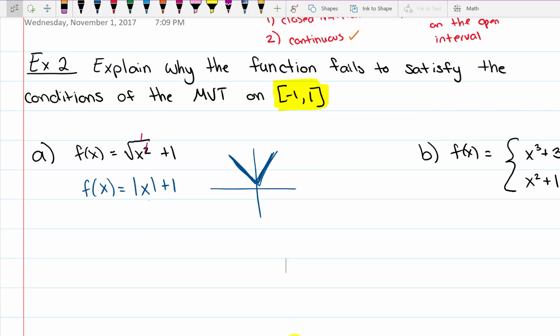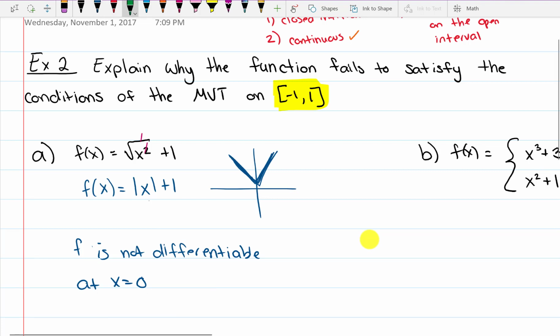So in our notes, what we're going to write is that f is not differentiable at x equals 0.